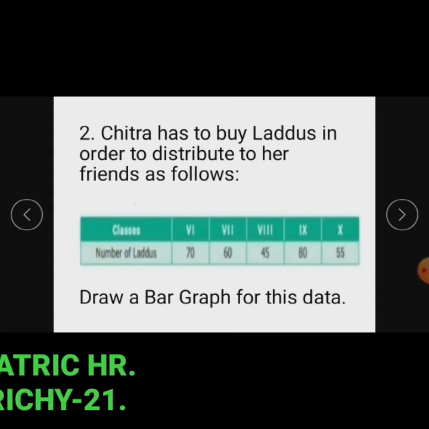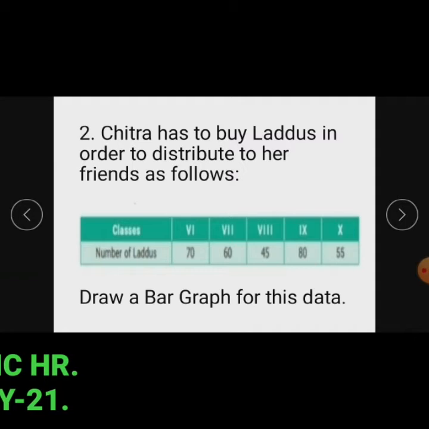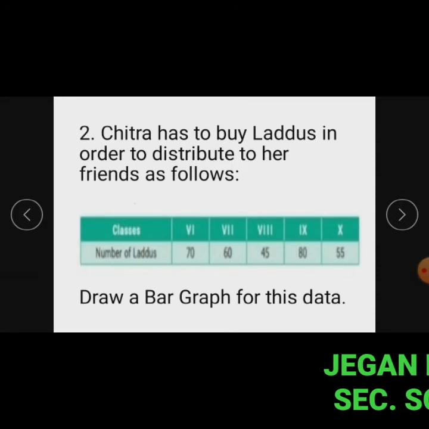In this tabular column, classes and number of laddus are tabulated. 6th standard 70 laddus, 7th standard 60 laddus, 8th standard 45 laddus, 9th standard 80 laddus, 10th standard 55 laddus. Using this information, now we draw a bar graph for this data.